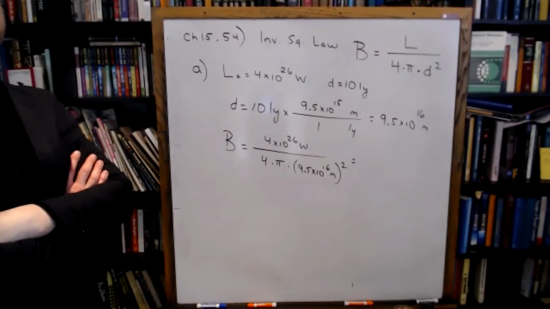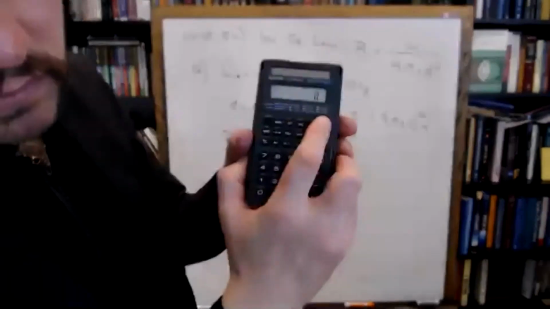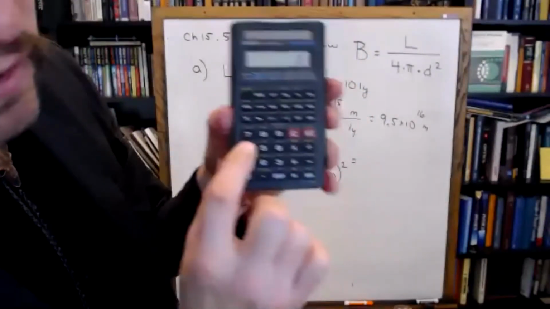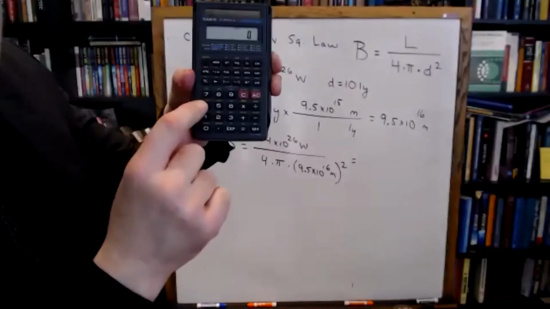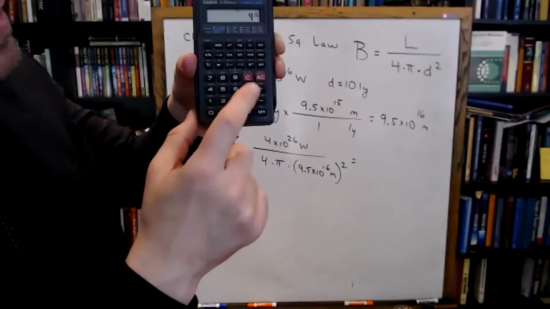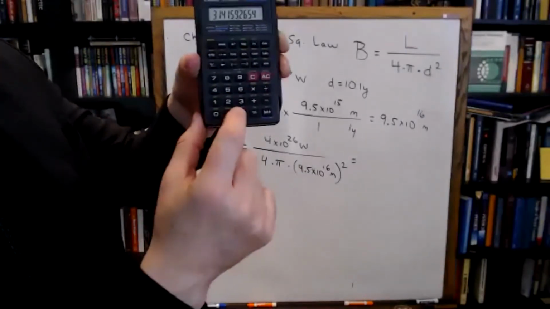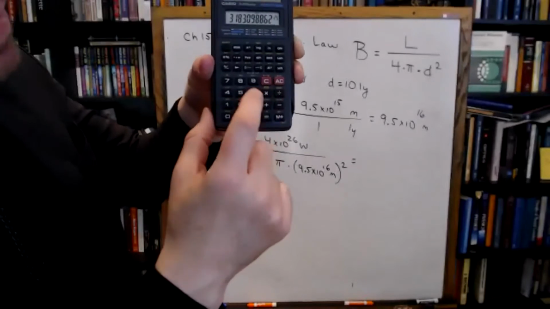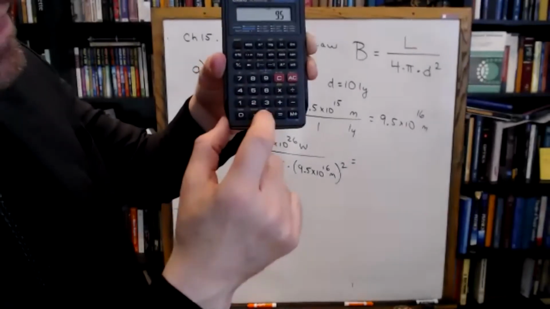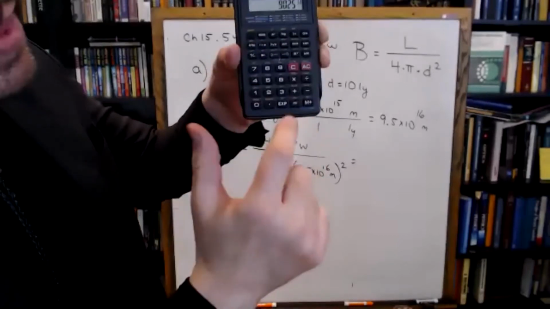You would punch it up on the calculator like you were dividing every problem. 4 exp 26 divide by 4 divide by pi divide by 9.5 exp 16 square key and then equals.